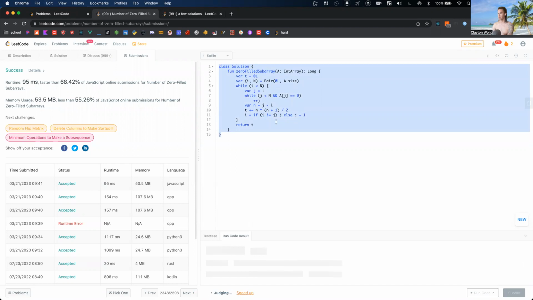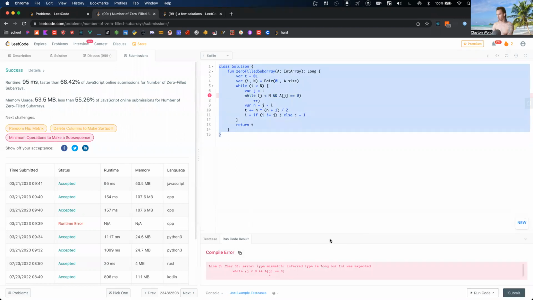Ready? Uh-oh. Inferred type is long, but int was expected. Does that matter?